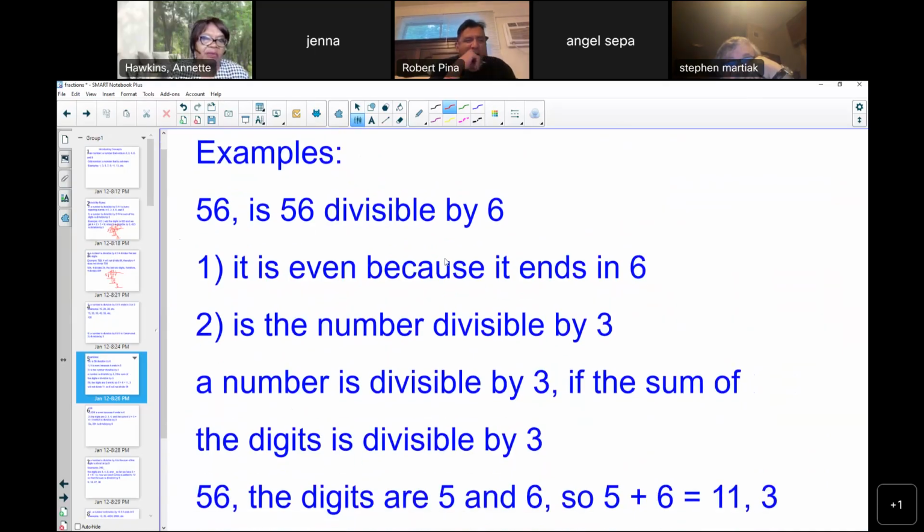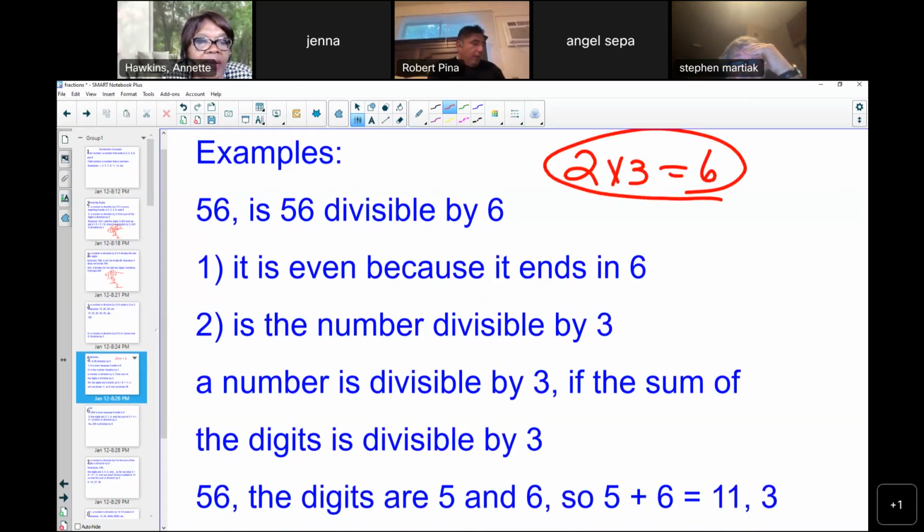A number is divisible by 6 if 2 divides it and if 3 divides it, okay? So if it's even and if it's divisible by 3, that should make sense. If it's even, that means 2 divides it, and if 3 divides it, 3 times 2 gives you 6. That's how you can tell if a number is divisible by 6.